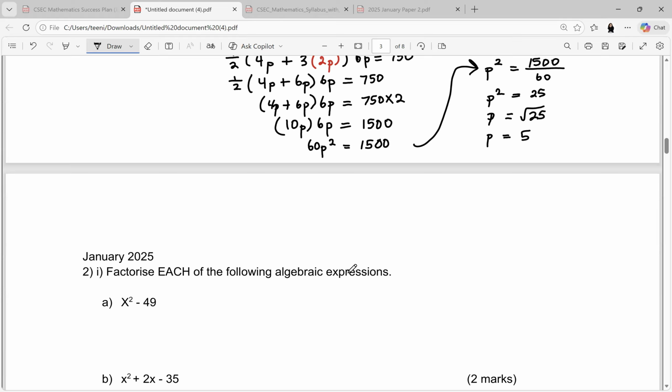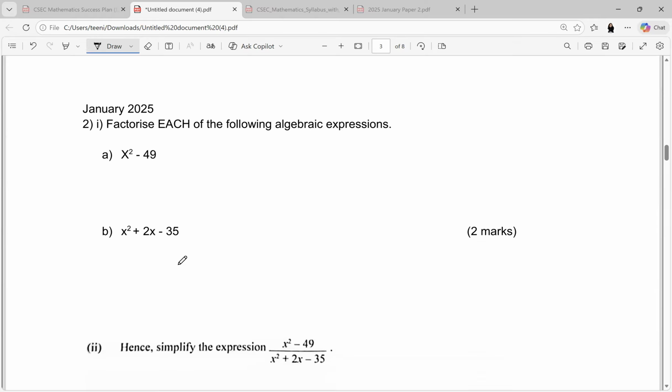Open a note on your phone or take a scrap page and write down the topics that are giving you trouble. This is how you study for an exam, not by aimlessly doing questions, but by applying some sort of strategy so that you know which ones are giving you more trouble. Those are the ones that you should pick up with your teacher or do a little more research on. Okay, so let's look at this one.